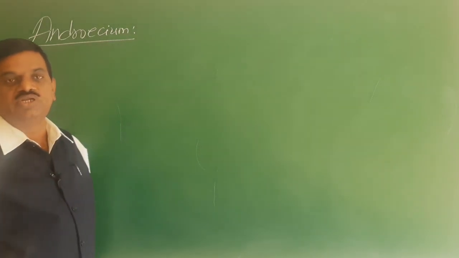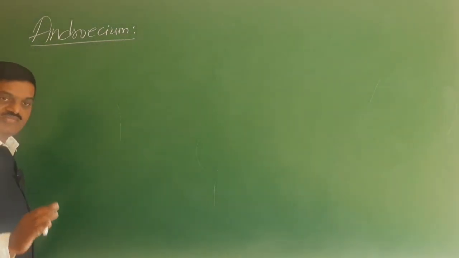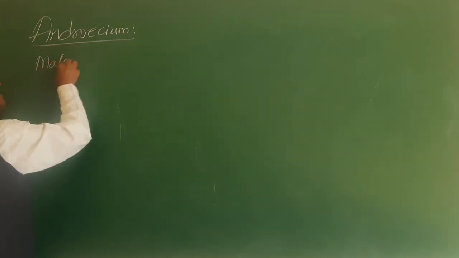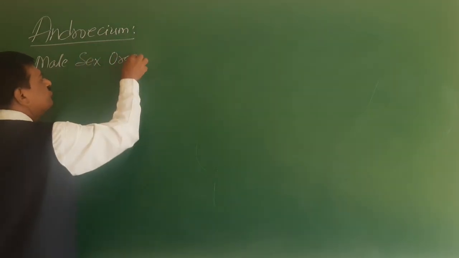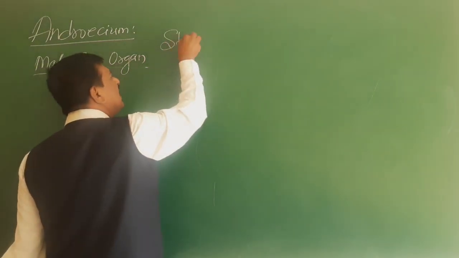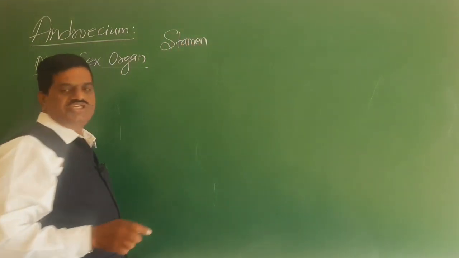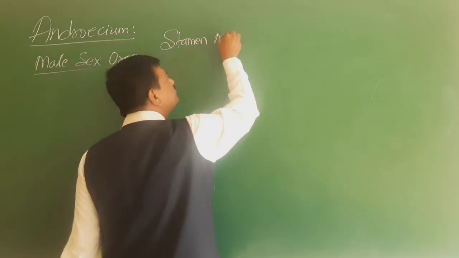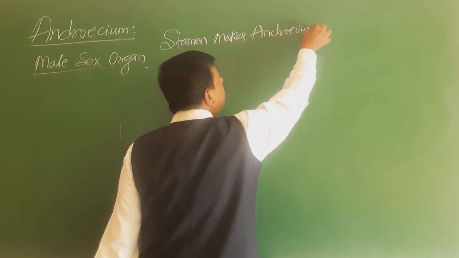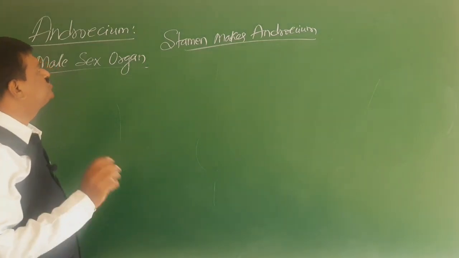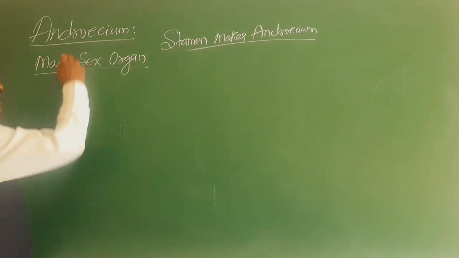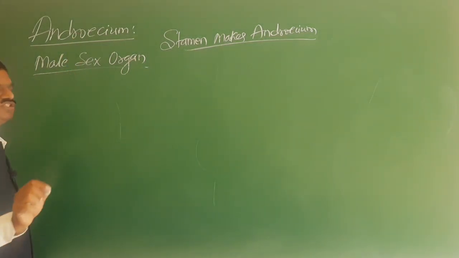In the essential whorl, the first one is androecium. Androecium is nothing but the male sex organ. Stamen makes androecium. So the male sex organs are present in the androecium.